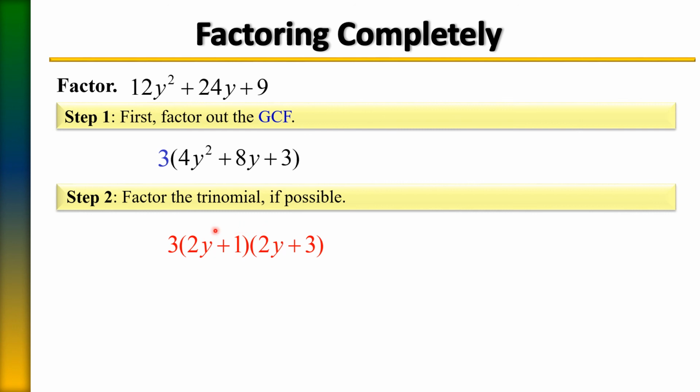So 6y plus 2y, it does equal 8y. Checking your first terms, 2y and 2y does give me 4y squared, and obviously your last terms, 1 times 3, does give me 3. So it does check out. This is how you would factor this particular trinomial.